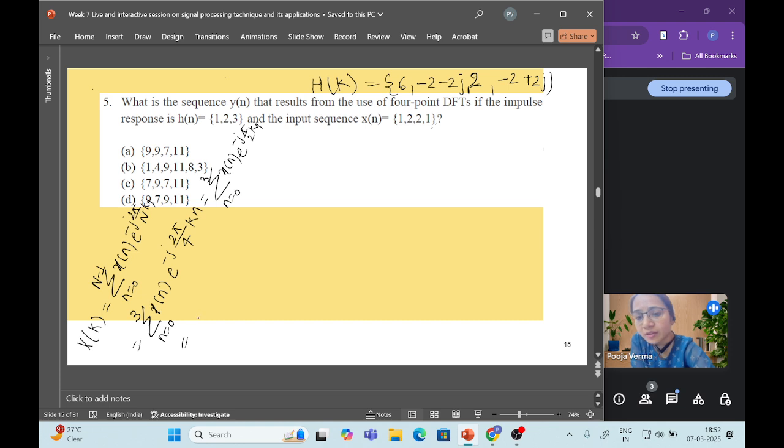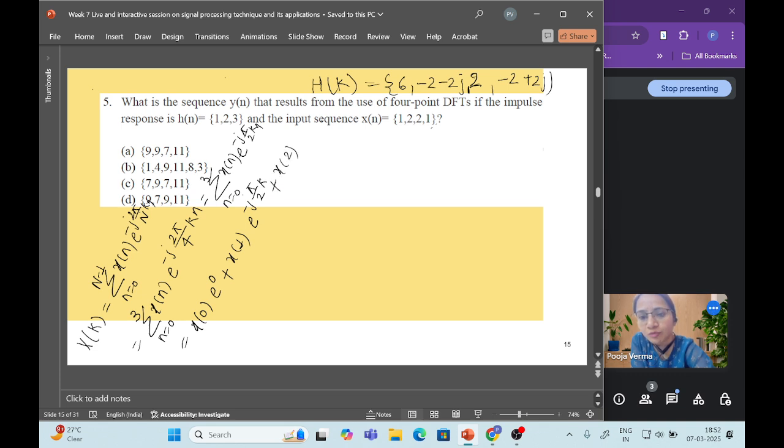Just open the summation. So x of 0 e to the power 0 plus x of 1 e to the power minus j pi by 2 k, the k value we will put later.